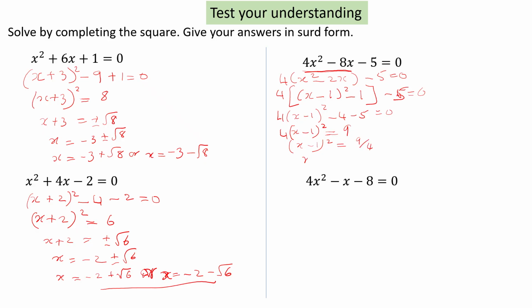Then take square root of both sides. So plus or minus. The square root of 9 over 4 is 3 over 2. So x equals 1 plus or minus 3 over 2.